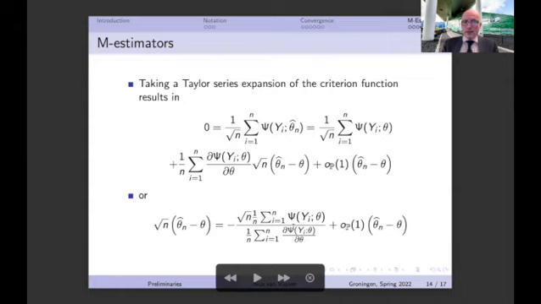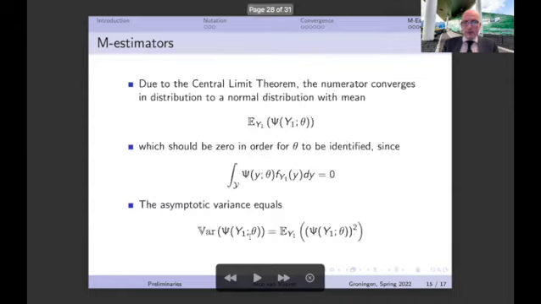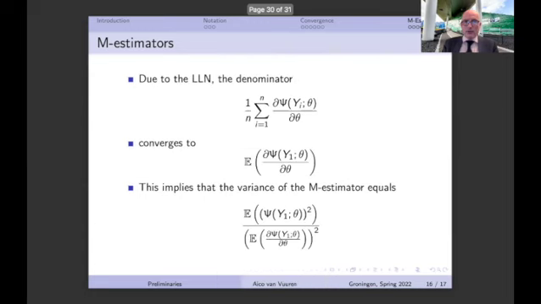We're going to take this expectation over the first term that we have over here, and we no longer divide by n. So the denominator is going to converge to this term that we have over here. And that implies that an M-estimator, we had, of course, a numerator divided by the denominator.